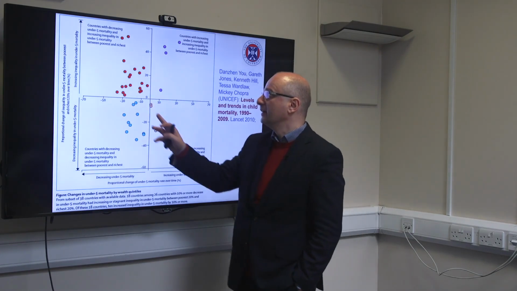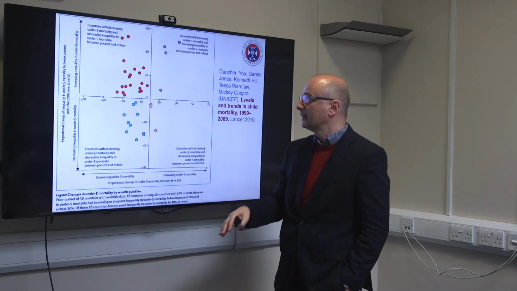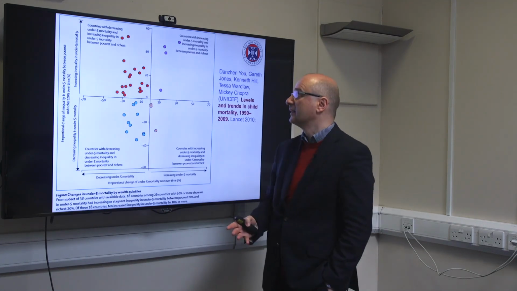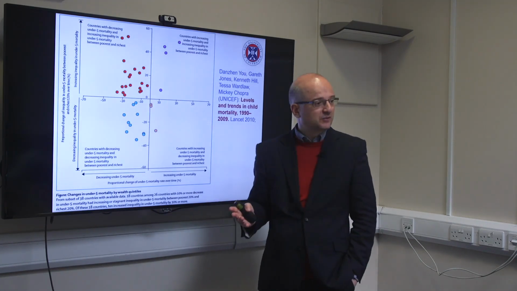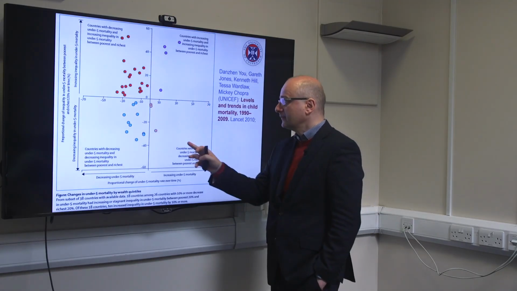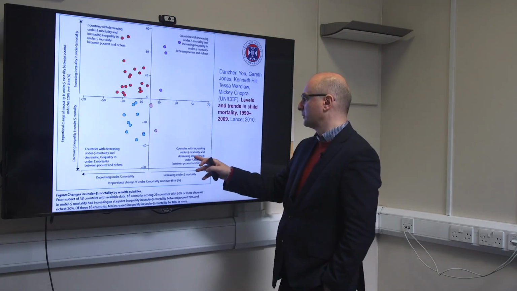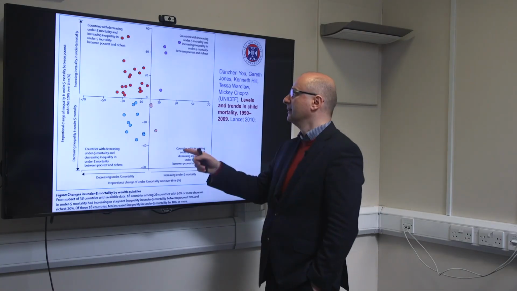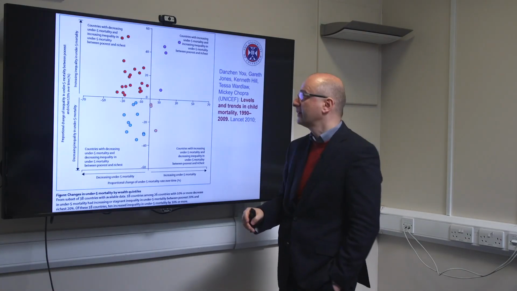Most countries were here. They decreased under 5 mortality, but increased inequality in under 5 mortality between poorest and the richest. Now, very few countries were in the other two quadrants, because those were increasing under 5 mortality during the time when everyone's trying to decrease it.